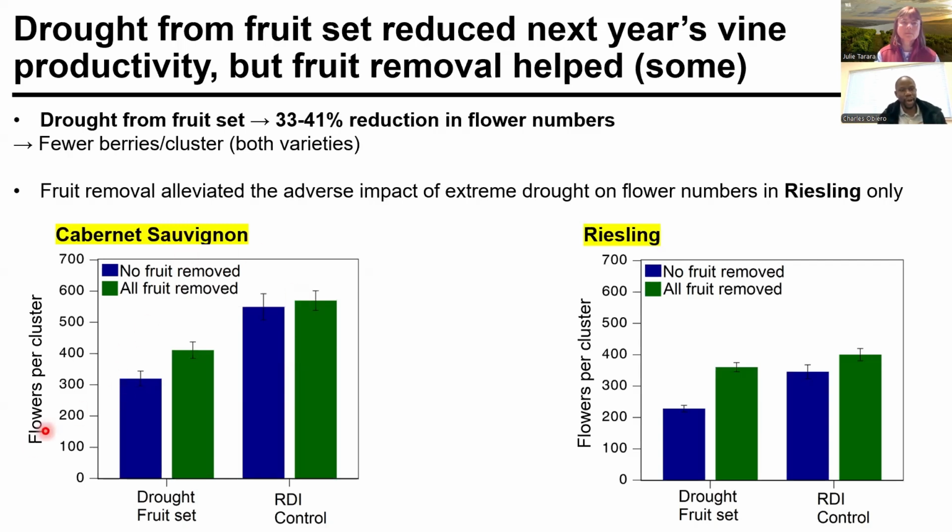This is flowers per cluster, and these are our different drought treatments and our industry standard. You can see that the drought ones had fewer flowers. Fruit removal actually helped, mostly in the Riesling.